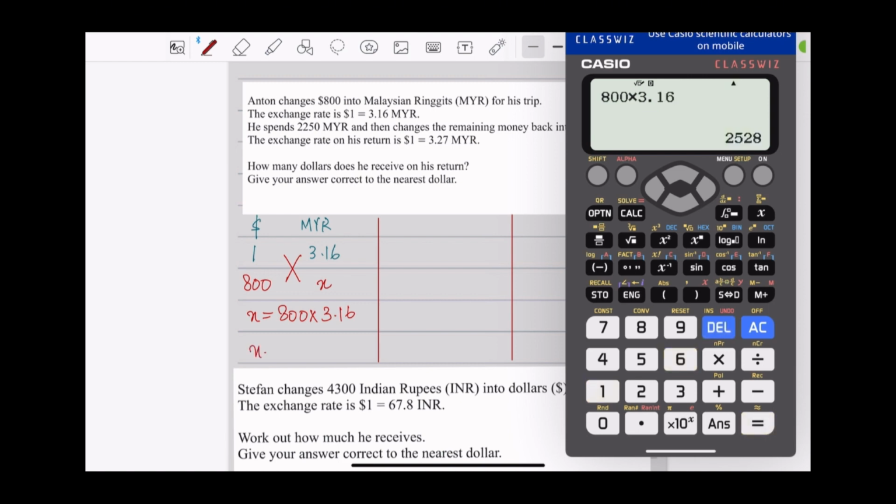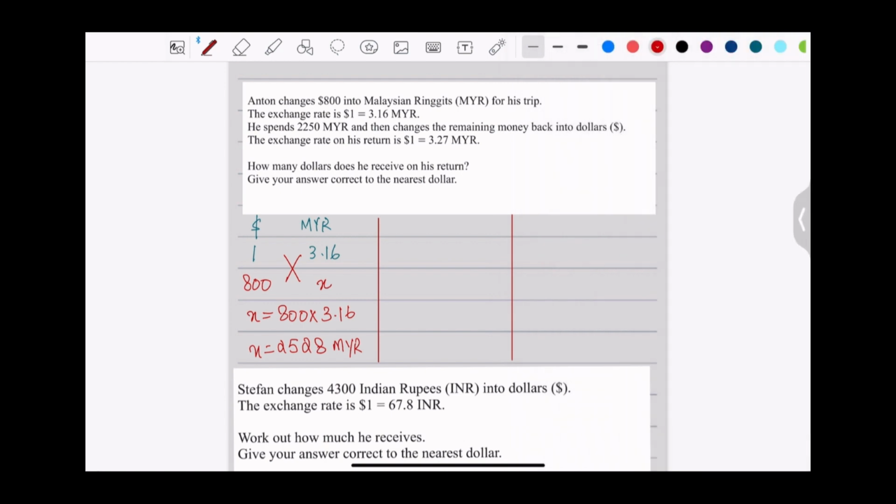So x is equal to 2528 Malaysian ringgits, MYR, out of which he spent 2250.